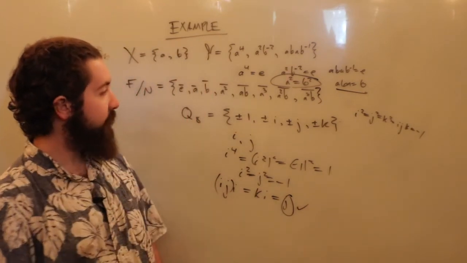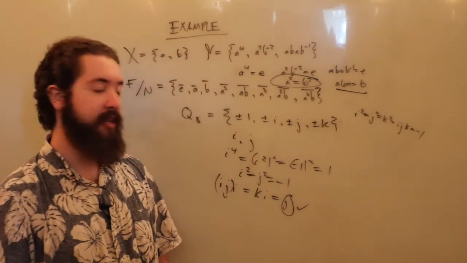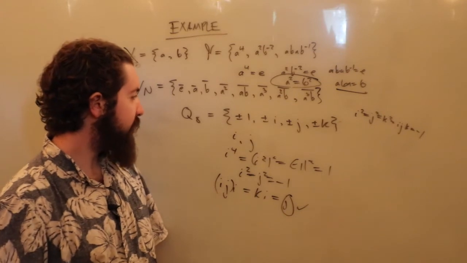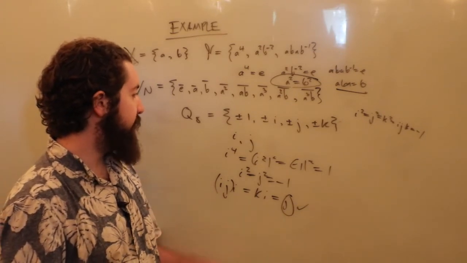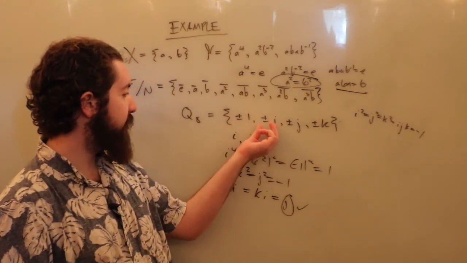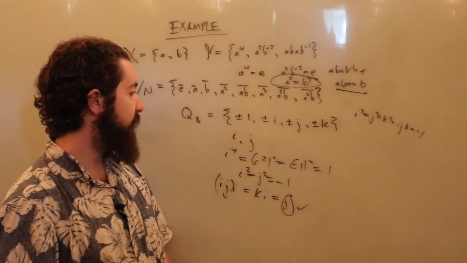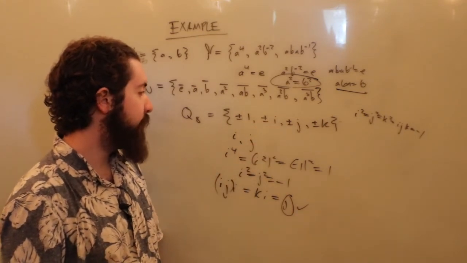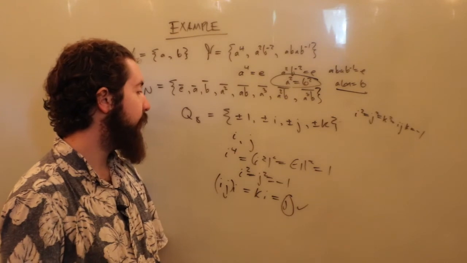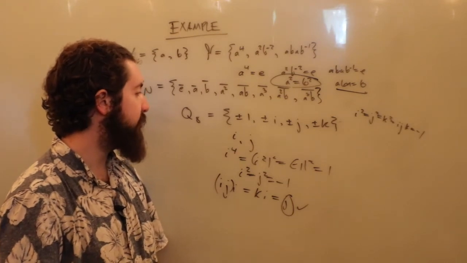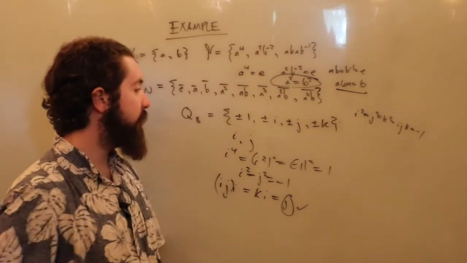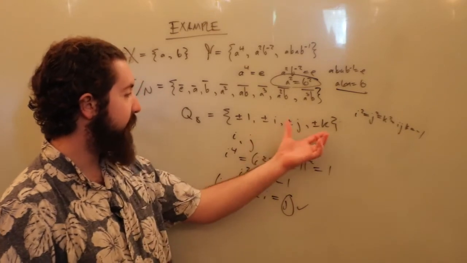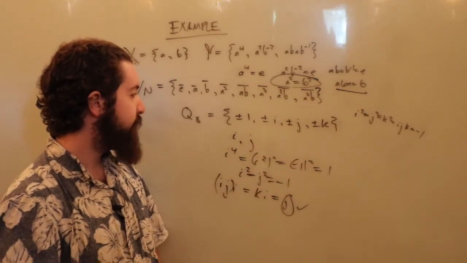So it satisfies our three properties and definitely generates the group. To get plus or minus 1, we just multiply. To get -1, we do I squared. To get +1, we do I squared times -1, which we just obtained. I, J together can give you plus or minus K.